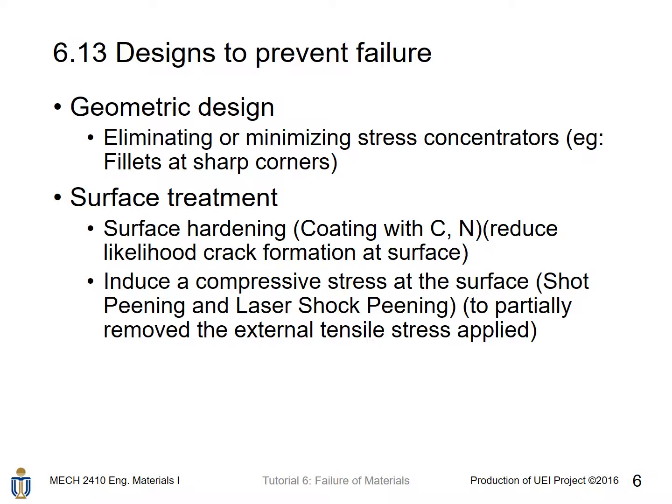And therefore, if we prevent the formation of those cracks using surface hardening, we can prevent the failure of that object. For surface hardening, we can use coating with carbon and nitrogen atoms.